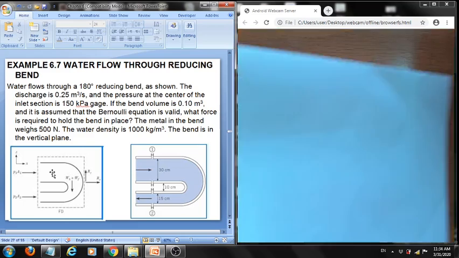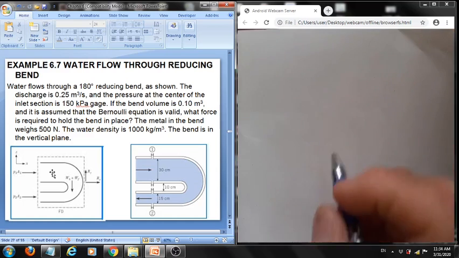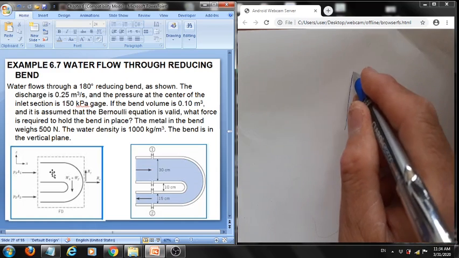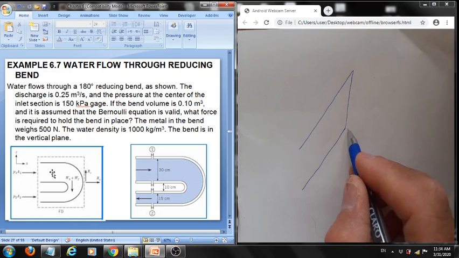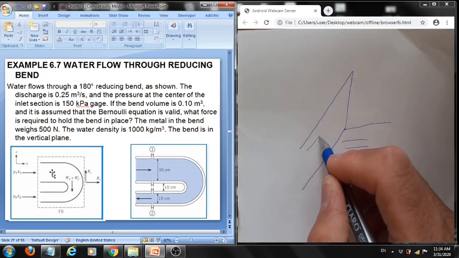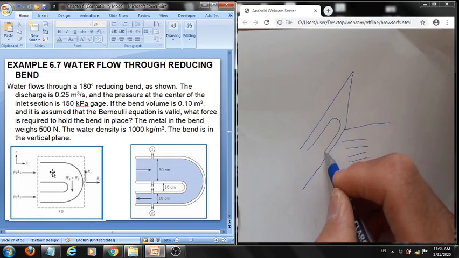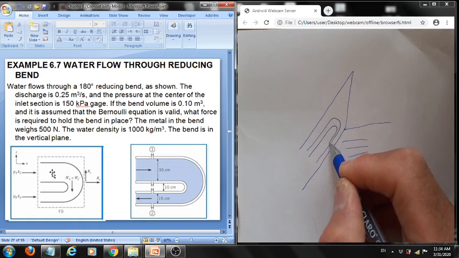Okay? If I want to draw it, I would say this is our wall. This is the floor, and then we have the bend in this shape. So it becomes large and then becomes small.